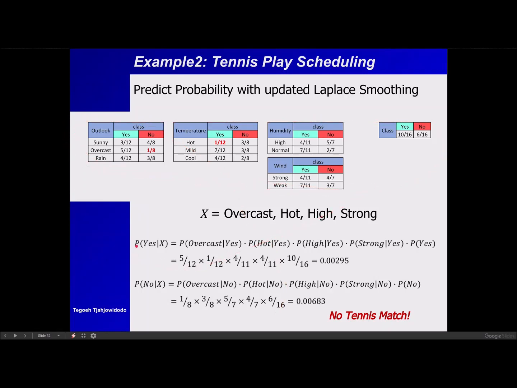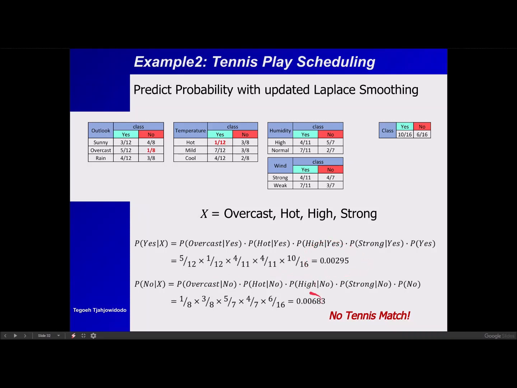I calculate the probability of yes given X and the probability of no given X. So from this table, I use all of the values here, and then I calculate the probabilities of whether the tennis match is played or not given the observable variable X. You can try to calculate this yourself.